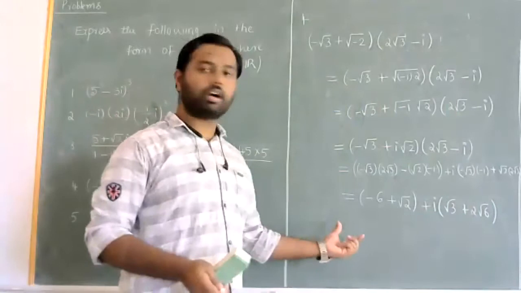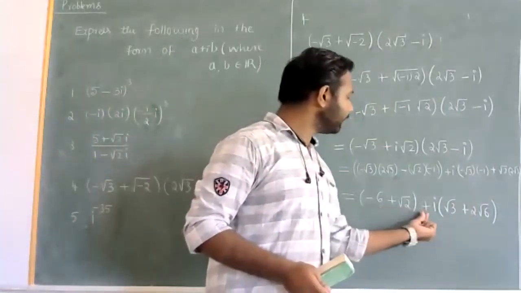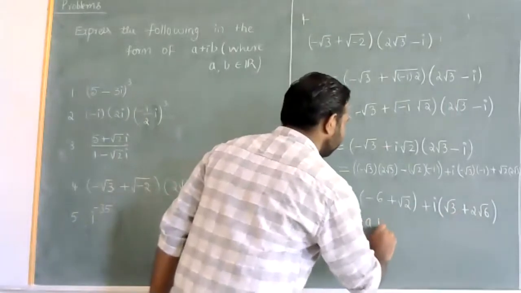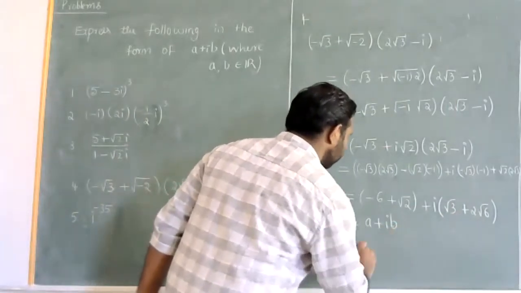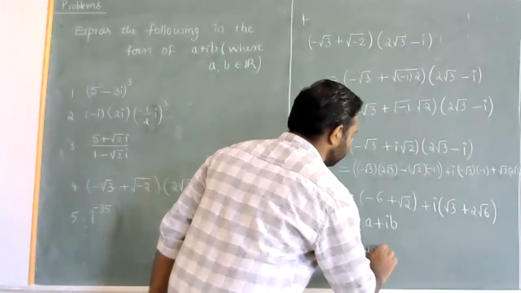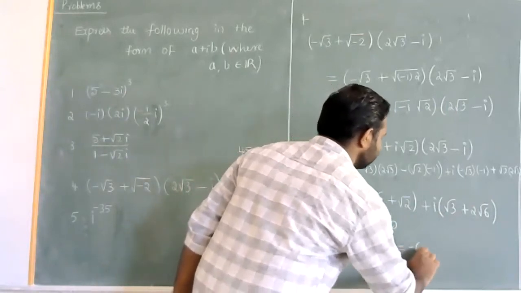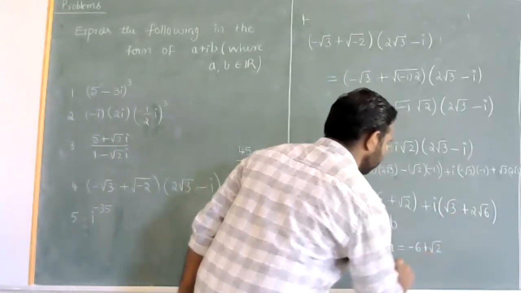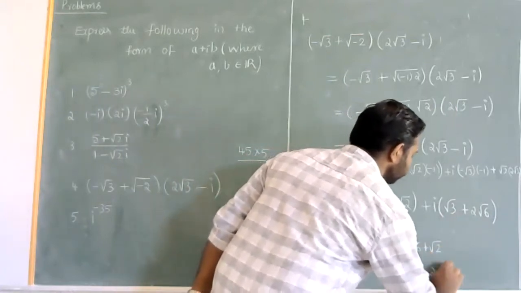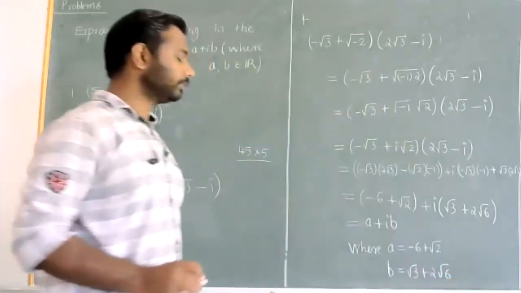Hence we got the form A plus iB, where A is minus 6 plus root 2, B is root 3 plus 2 into root 6.